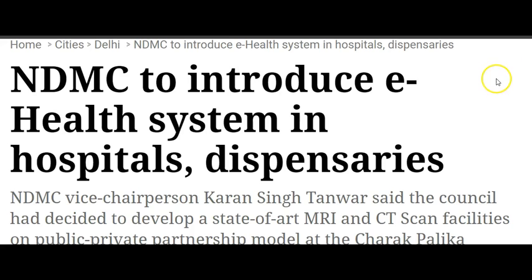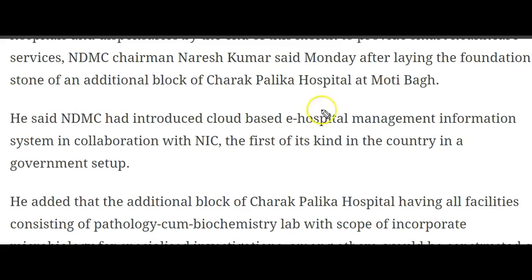In this background, we shall discuss in detail about the e-health system. New Delhi Municipal Council also introduced a cloud-based e-hospital management information system in collaboration with NIC.